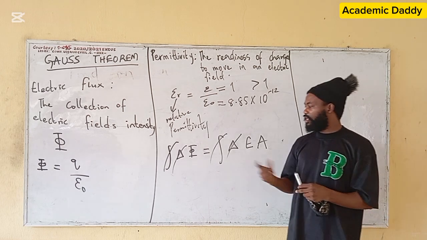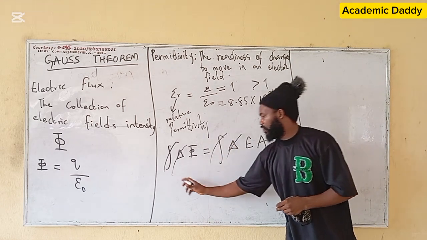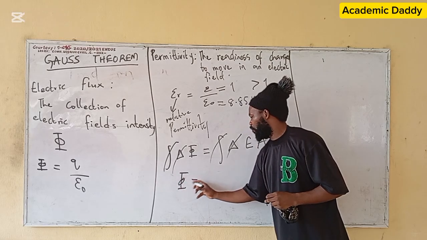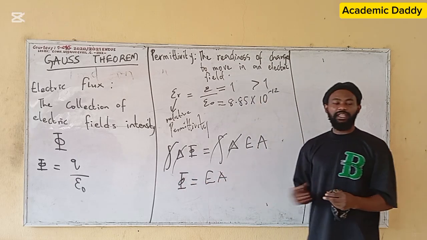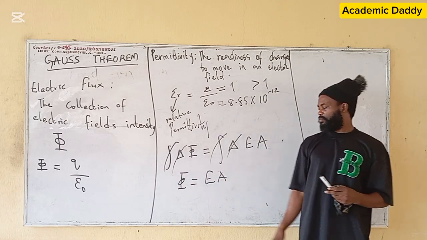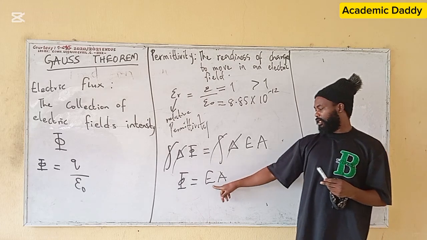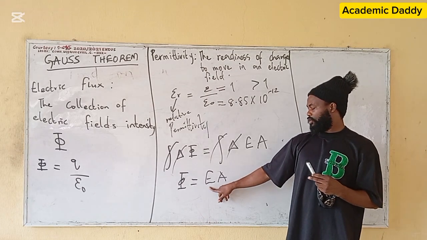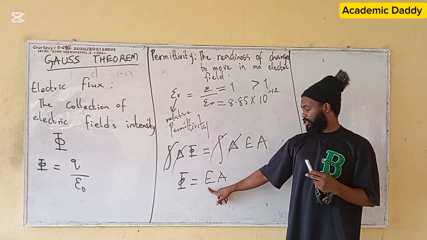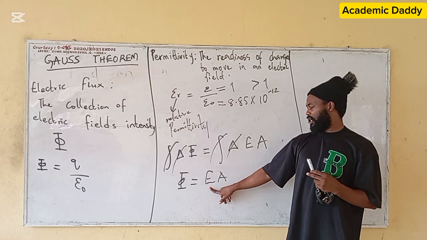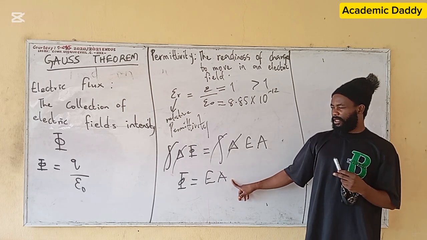So that is why anywhere you see electric flux, it is simply given as equals to EA. And even the unit of electric flux is simply, what's it called? This one is electric field intensity, which is in volts per meter. And this one is in meter square.